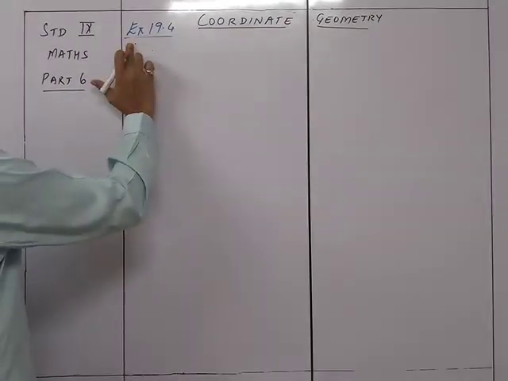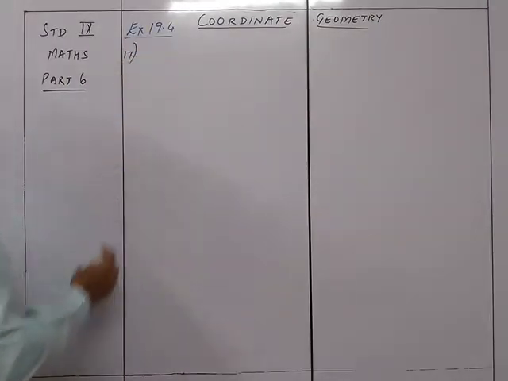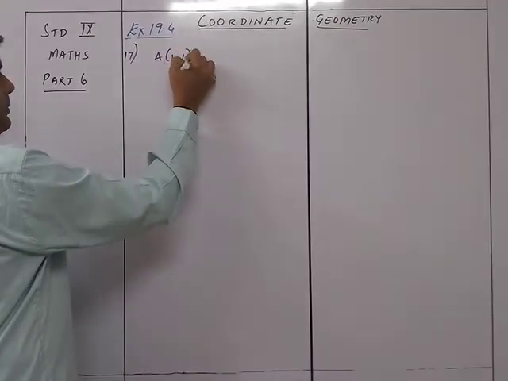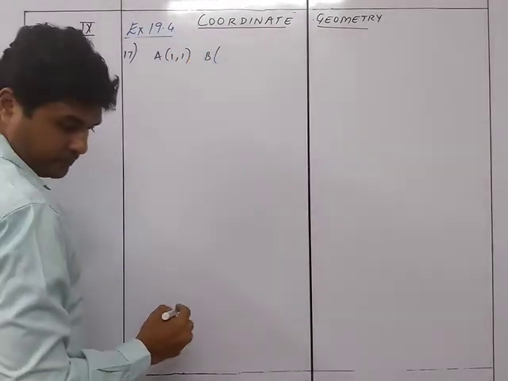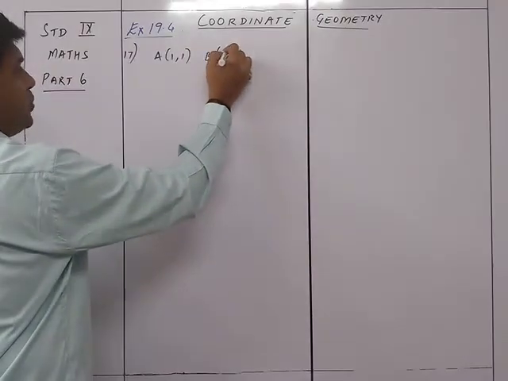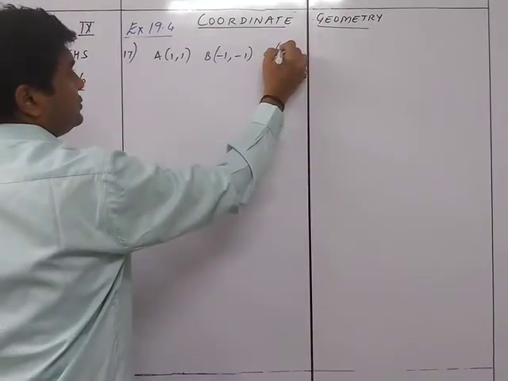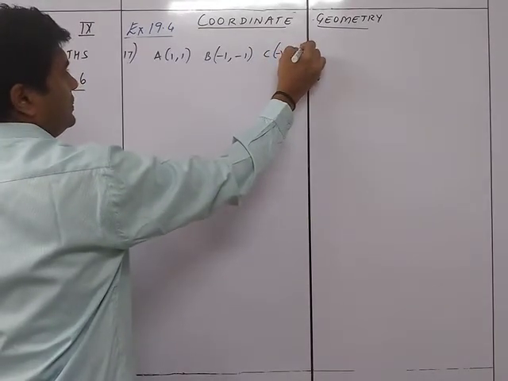The points given to you are A is 1, 1, B is minus 1, minus 1 and C is minus root 3, root 3.